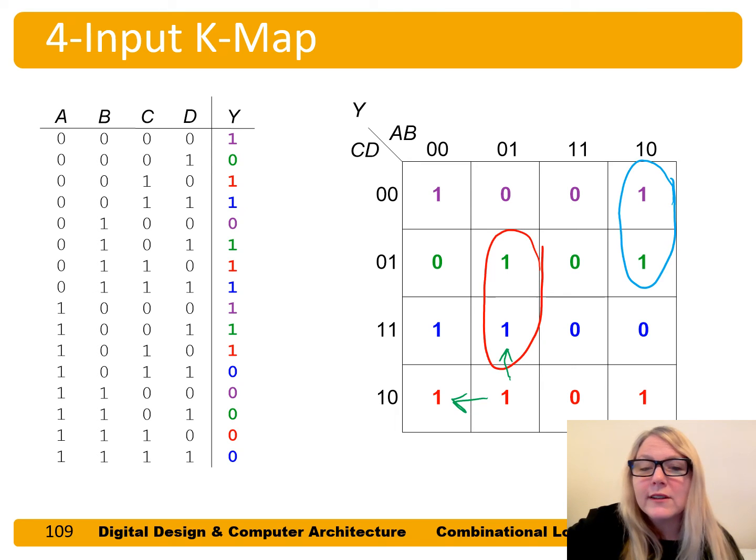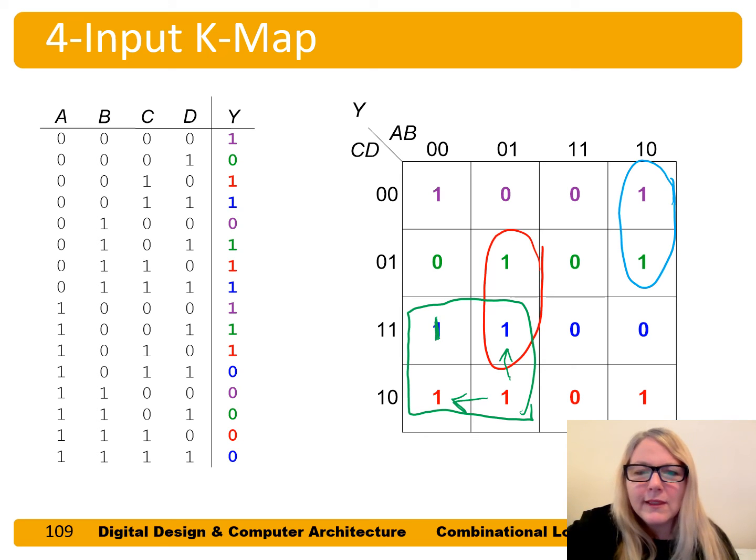And if we can go 2 directions, left and up in this case, we try to go both directions, left and up. In this case we can because there's this 1 here. And so we can actually make that circle bigger into a circle of 4, right? A size 4 implicant, because it's circling 4 of these min terms, or these 4 ones.